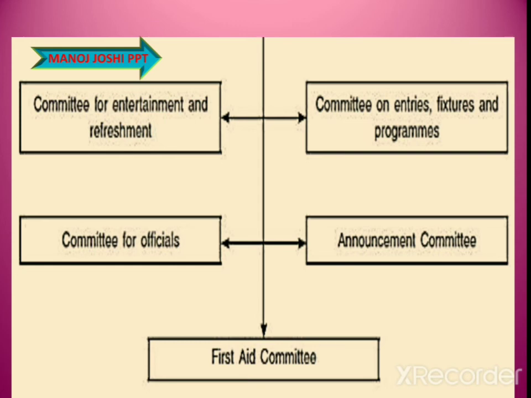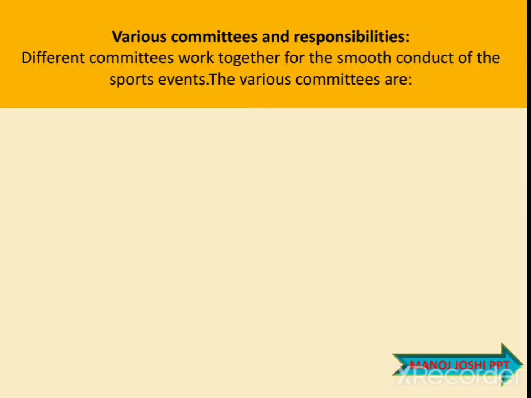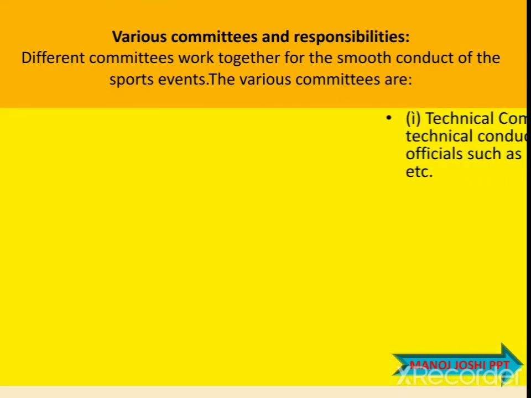Announcement committee will be responsible for making various types of announcements, whatever is needed. First aid committee will take care of first aid therapy if any sports person gets injured. So according to the name, the different committees are doing their specific work.